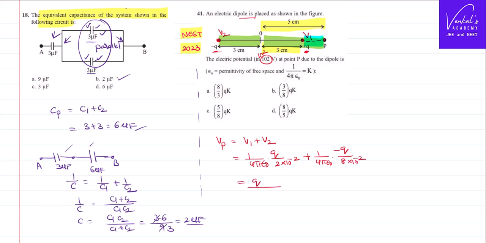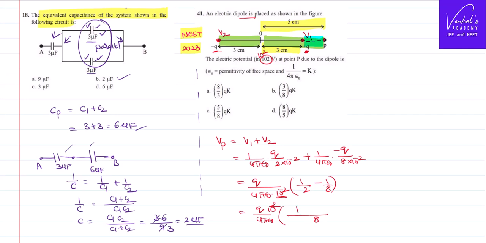So q by 4 pi epsilon naught is common. 10 power minus 2 is also common. What is remaining is 1 by 2 minus 1 by 8. So this is q by 4 pi epsilon naught, 10 power plus 2 minus 2 in the numerator. For 2 and 8, LCM is 8.